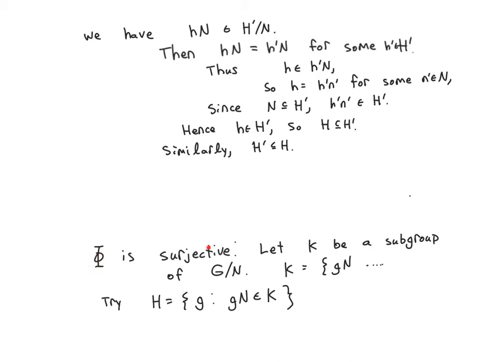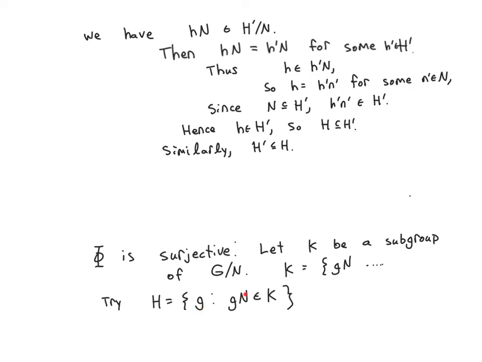Now, why is this map surjective? Well, let K be a subgroup of G mod N. Note what this means. This means that K is a collection of cosets that's closed under multiplication and inversion, and contains the identity element. What seems like the most natural thing to try is to let H be the collection of elements that appear in any one of these cosets.